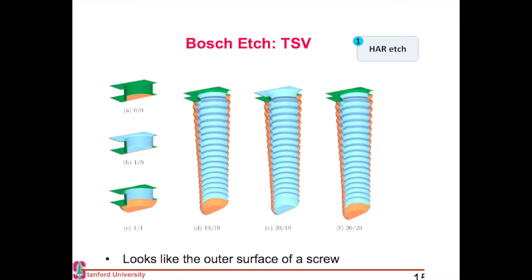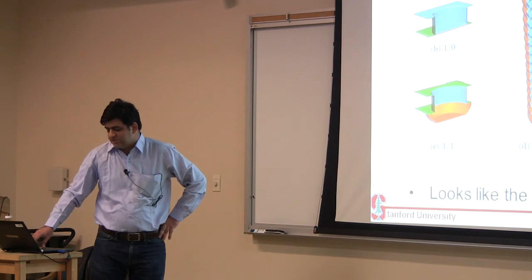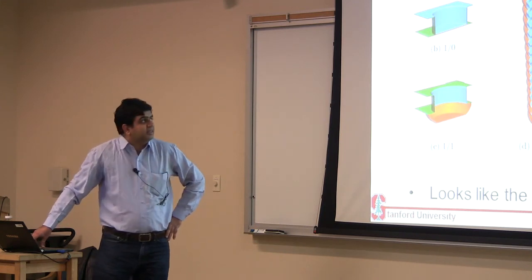With each of these etch steps, you form this screw kind of structure, but it's a technology borrowed from MEMS, which is currently used to make this TSV. One theme I want to bring up is that these NAND guys, DRAM guys, and logic guys keep on borrowing ideas from each other, and they also keep on borrowing ideas from other fields. It's an interesting thing which has happened in the last few years.